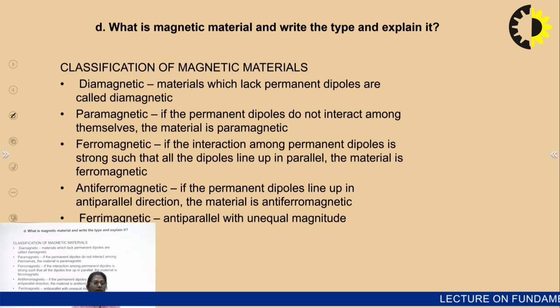If I go with the diamagnetic, these are the materials which lack permanent dipoles, right? Whereas the paramagnetic, the permanent dipoles do not interact among themselves, right? And in the ferromagnetic, the interaction among the permanent dipoles is strong, and all the dipoles line up in parallel and the material is ferromagnetic.